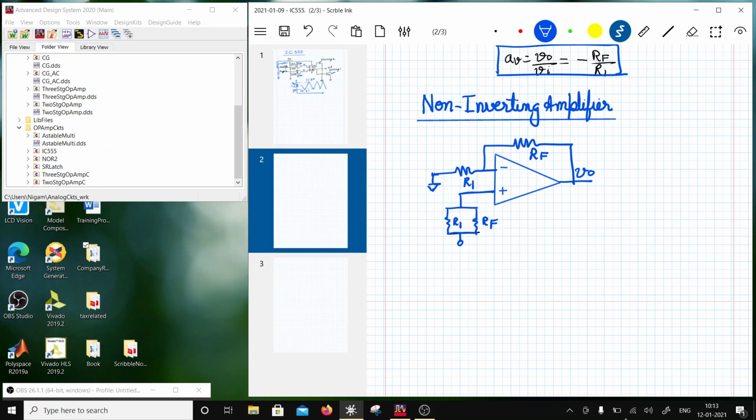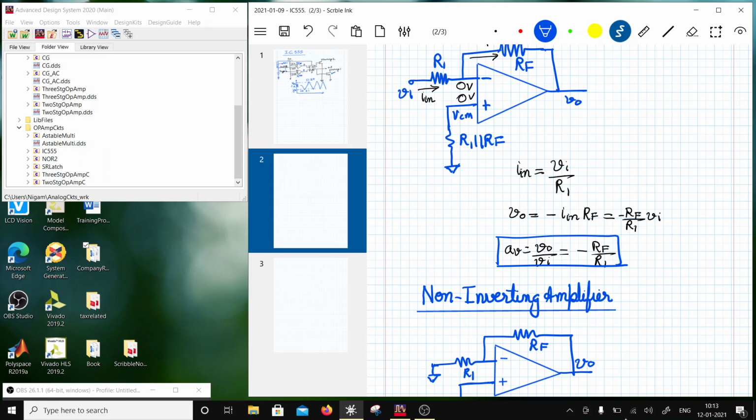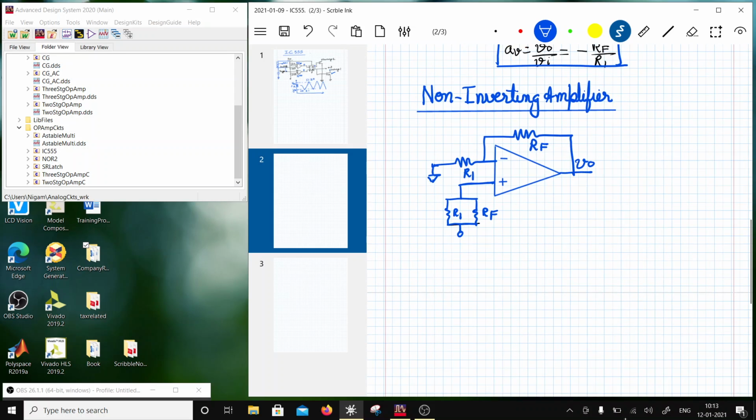Actually, the right way to do it is to have a capacitive coupling of Vi over here, and VCM you are going to create over here. Similarly, here you are going to generate a VCM. So I can put VCM here, and in this case here I'll put VCM, and I should do a capacitive coupling over here. This can be a large capacitor for Vi. That's one way of doing it.